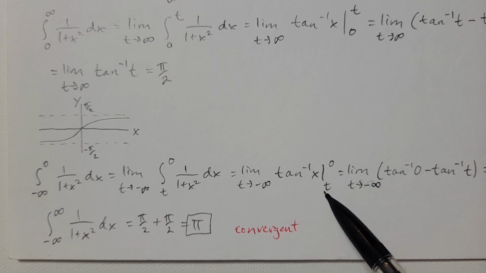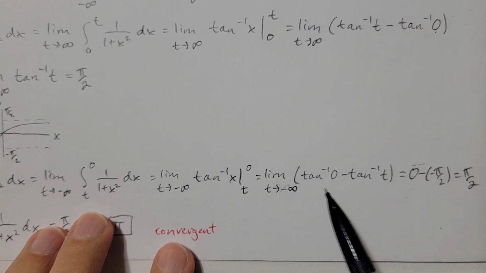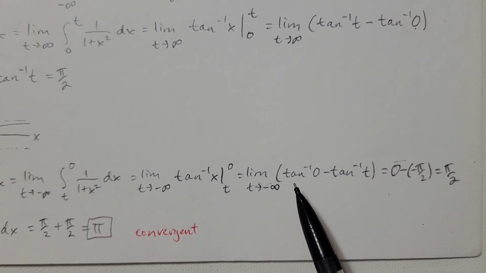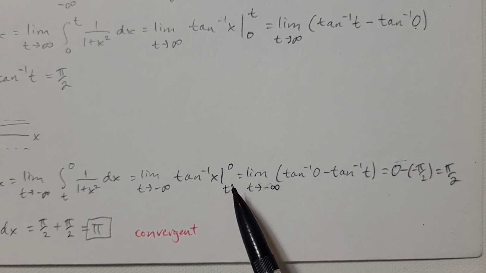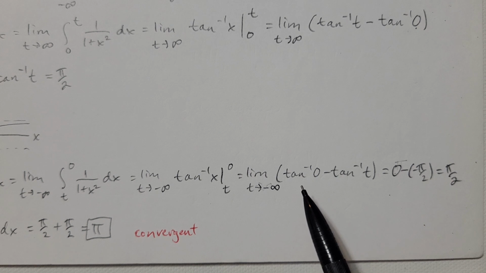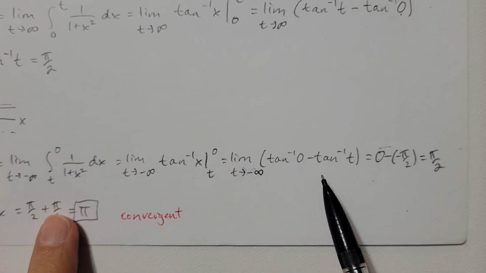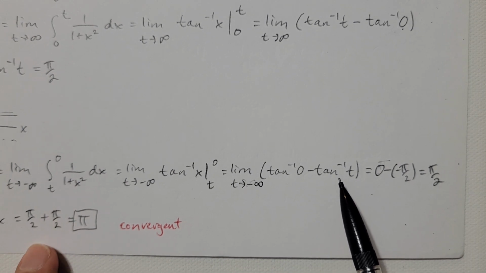So let's see, when I plug in my bounds, plug in the upper bound first, I got the limit as t approaches negative infinity of tangent inverse of 0 minus tangent inverse of t. Okay, well, tangent inverse of 0 is 0. And now I'm approaching negative infinity.